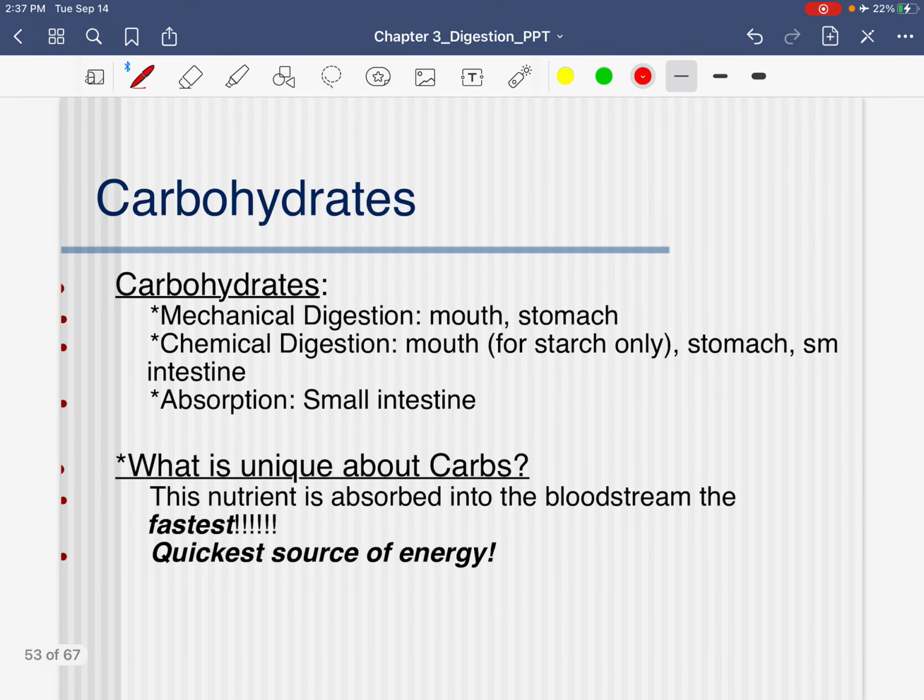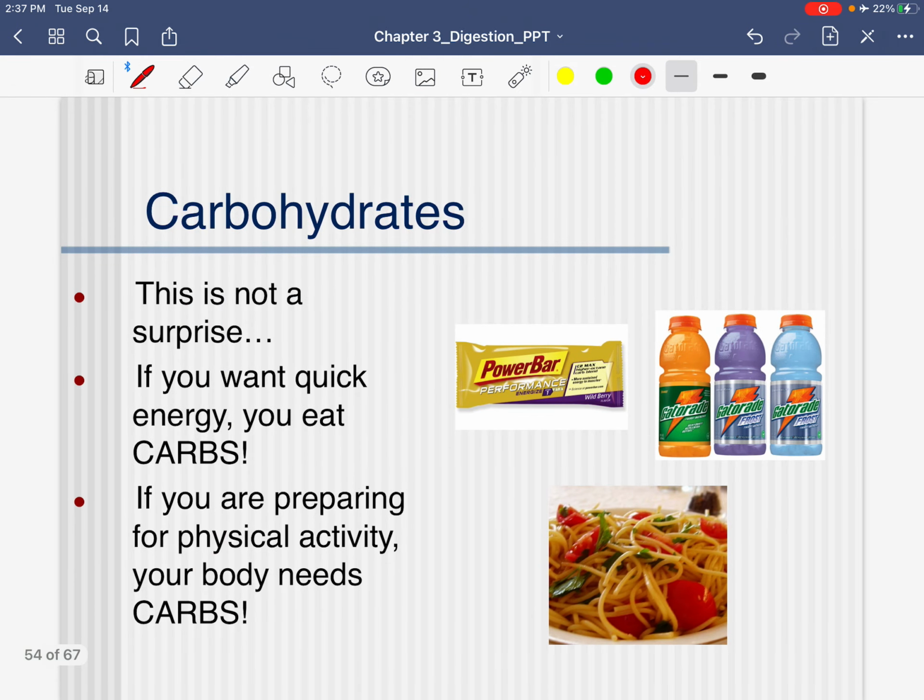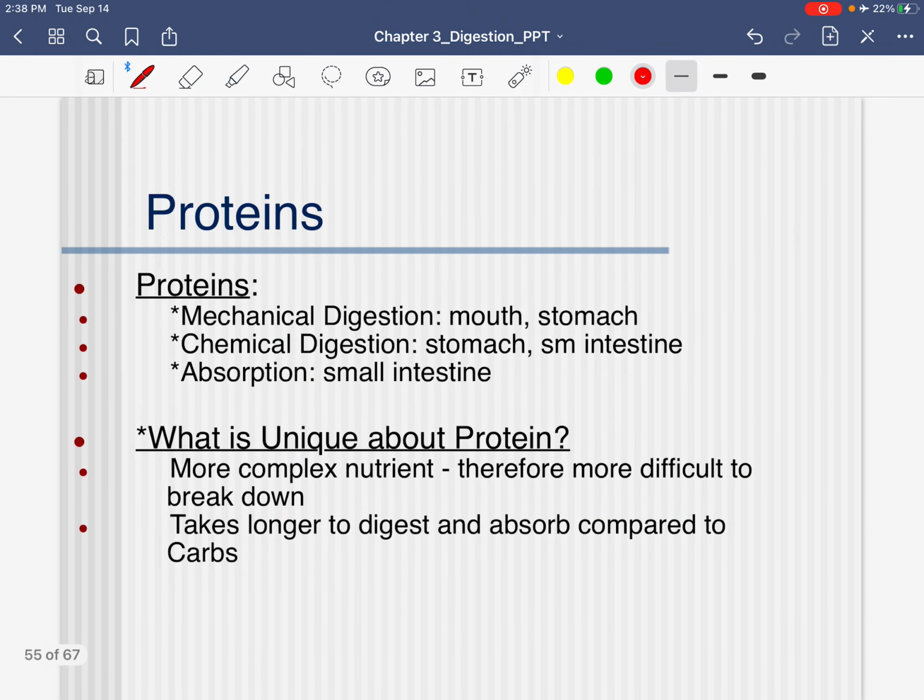So we can go over a lot of things, but I'm only going to point out the most important. Carbohydrates are our fastest energy source, the easiest to break down, the easiest to metabolize. Carbs. If we need quick energy, the way to go is carbs. Proteins.